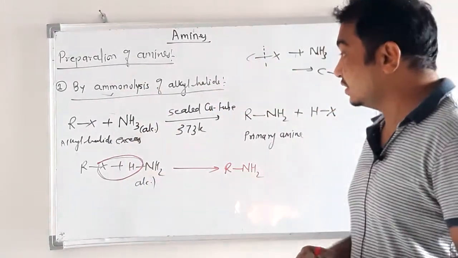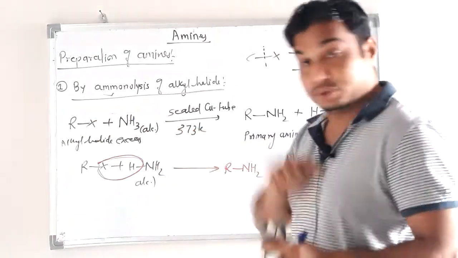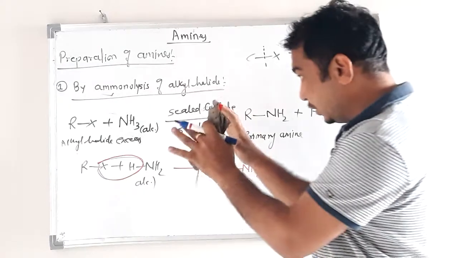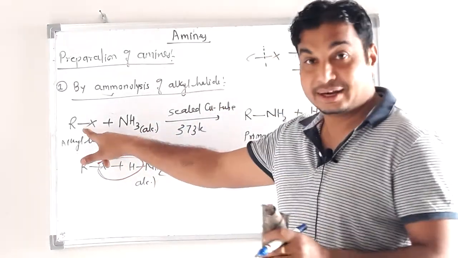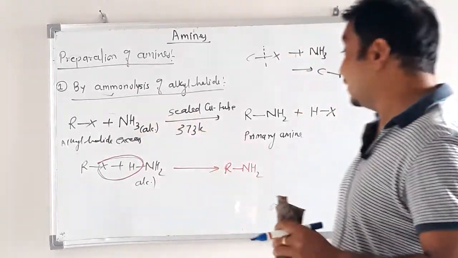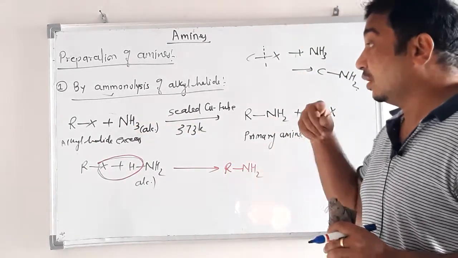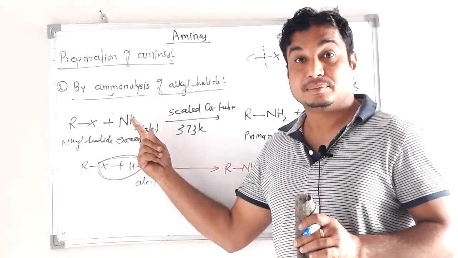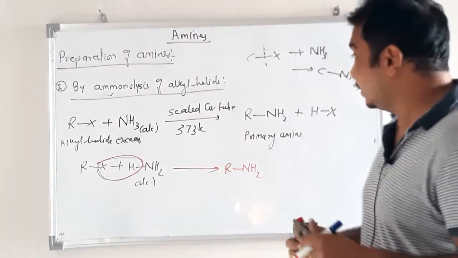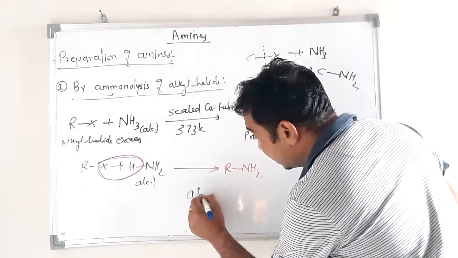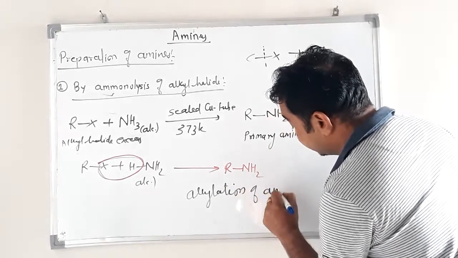And again, one thing is that in this reaction, if we observe carefully, this alkyl group from alkyl halide replaces the hydrogen atom of ammonia. There is substitution of a hydrogen atom by the alkyl group from alkyl halide. Therefore, it is also known as alkylation of ammonia.